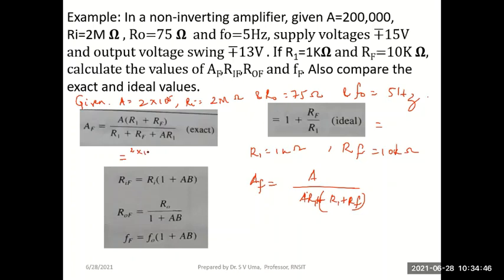This A is 2 into 10 to the power of 5. R1 1K. RF 10K. R1 plus RF 11K plus A into 1K. This is a huge value. So what would you get in the numerator? You check.